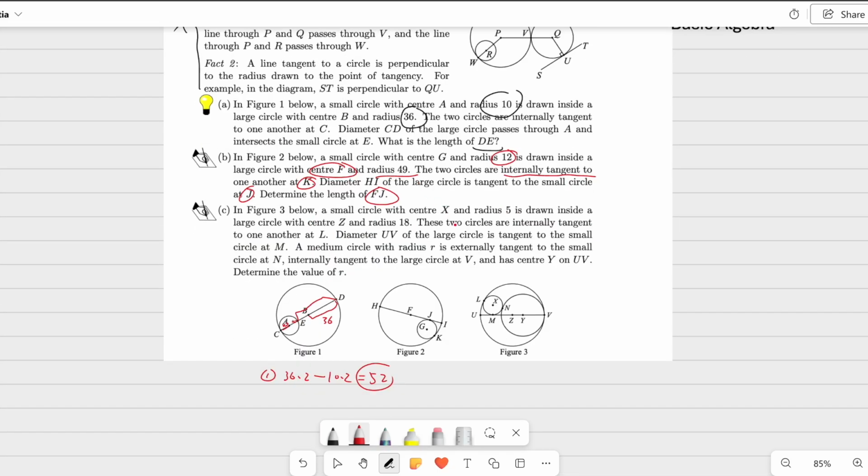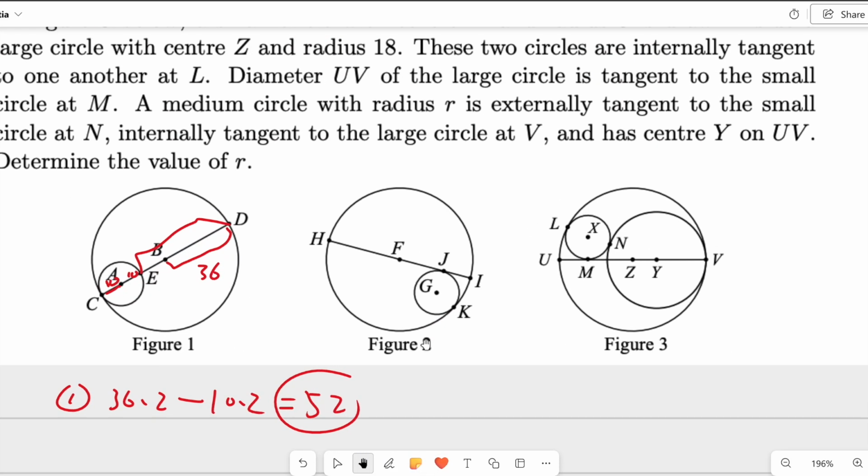Fact 1 is used when we're connecting F to K. In order for them to be tangent, the line has to pass through F, G and K at the same time. So this means they are collinear.